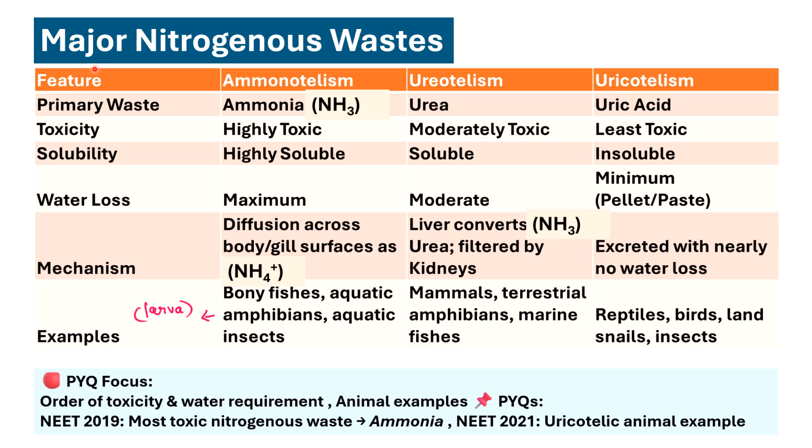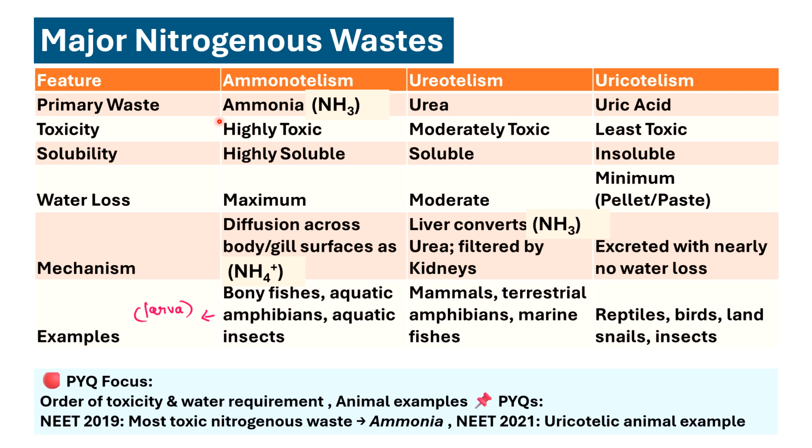So in the previous slide we discussed a lot of types of byproducts, but mostly we will be focusing only on the nitrogenous waste. So there are three main types of nitrogenous waste. If the byproduct released is in the form of ammonia, it is known as ammonotelism. Urea, it is known as ureotelism, and uric acid, it is known as uricotelism.